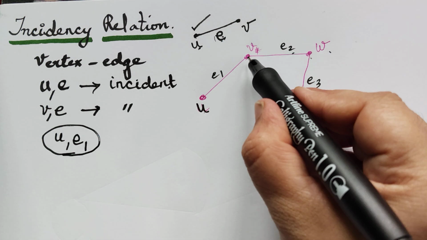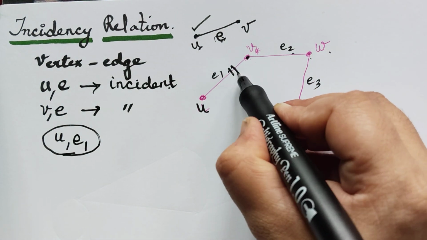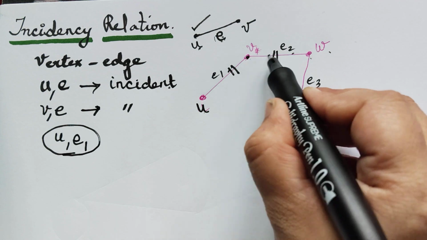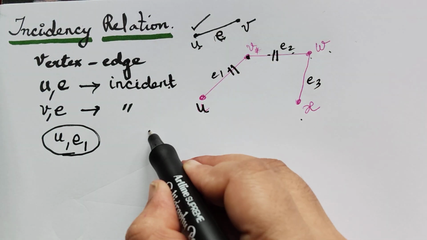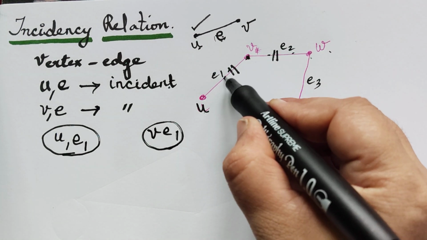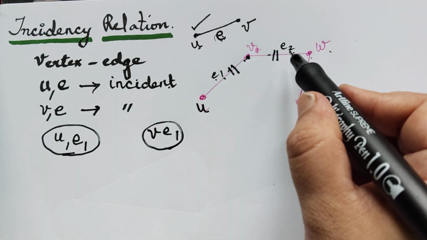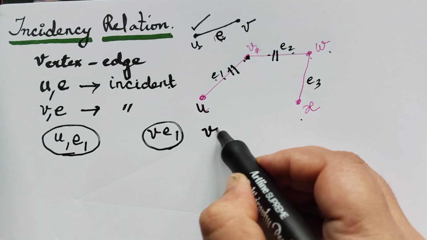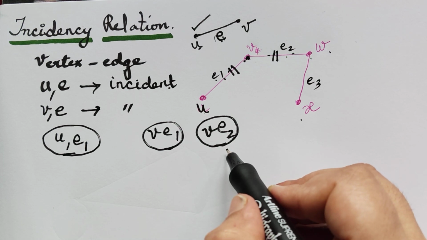So this is the pair. What about v? v is incident with two edges, e1 and e2, because two edges are emanating from this point. So v and e1 is a pair of incidence, that is this edge e1 is incident with this vertex v, and also v is incident with e2. So this is how the incidence relation is formed.